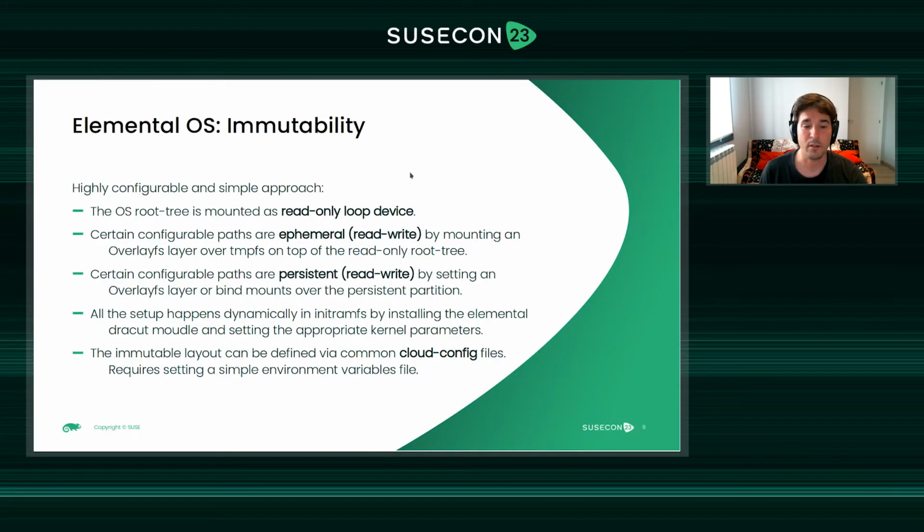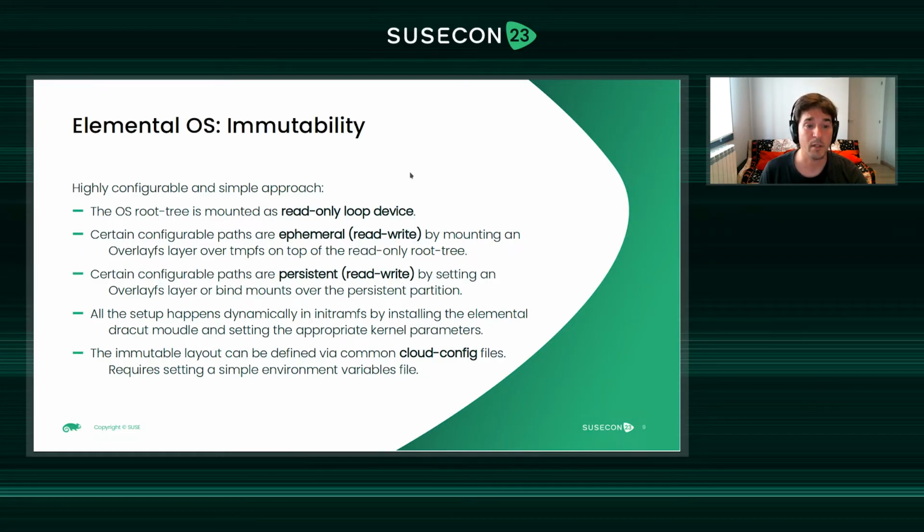Of course, to make the system functional, there are some paths that need to be read-write and that require modifications during runtime. So, within the Elemental OS immutability approach, it is configurable which paths are read-write, and we can also divide them between ephemeral and persistent paths.